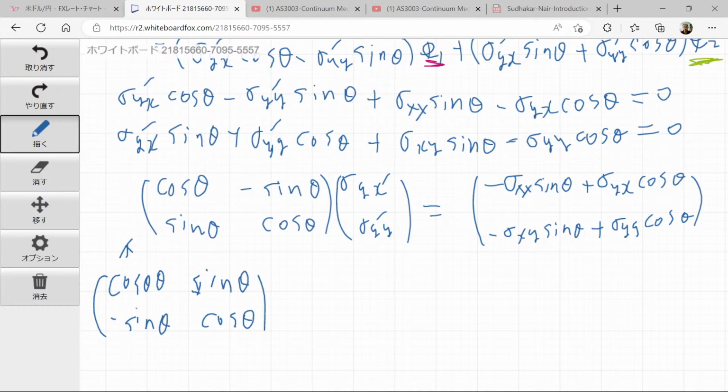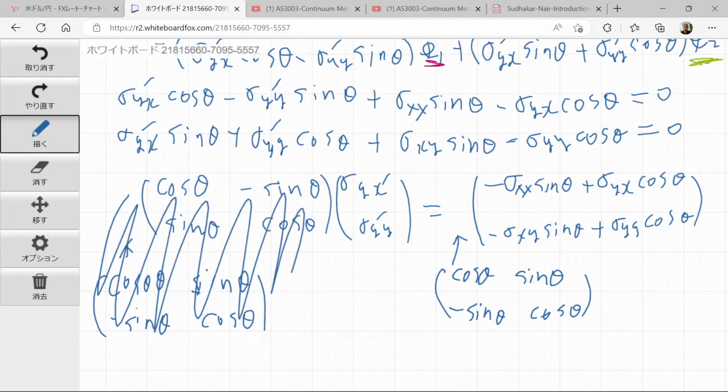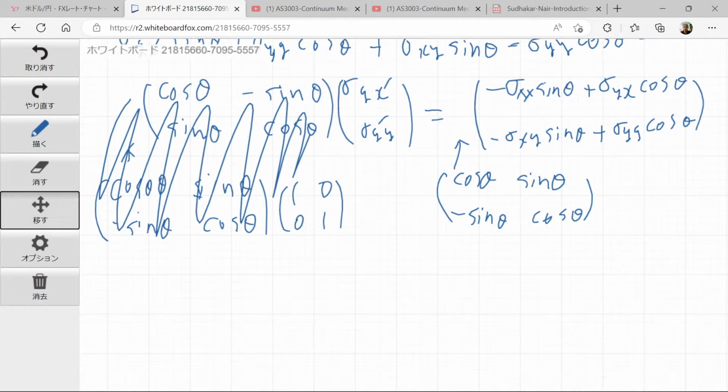So we multiply the same thing here: cosine theta, sine theta, minus sine theta, cosine theta. So then this side goes to the identity matrix. So the final answer we obtain is like this.